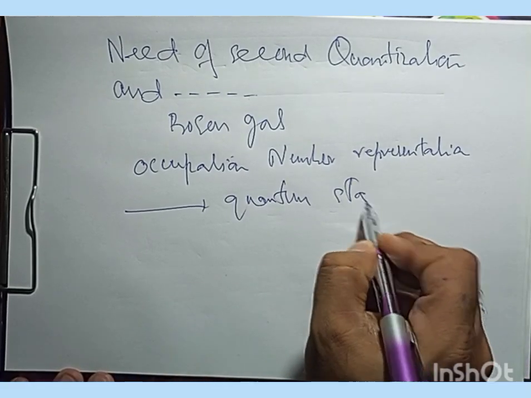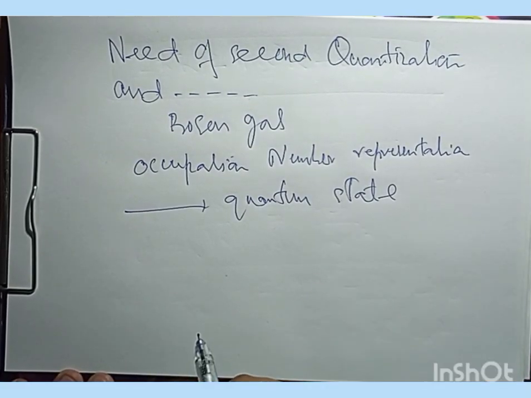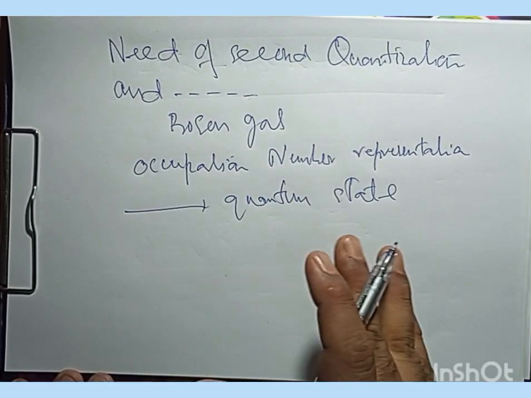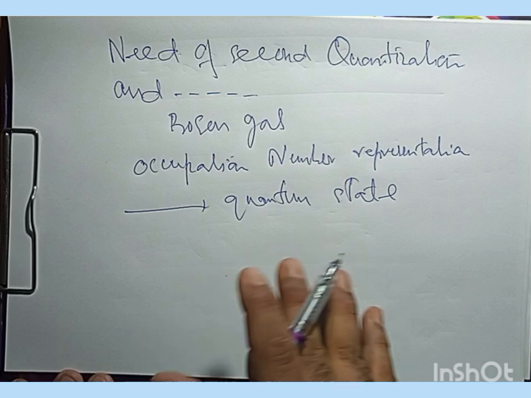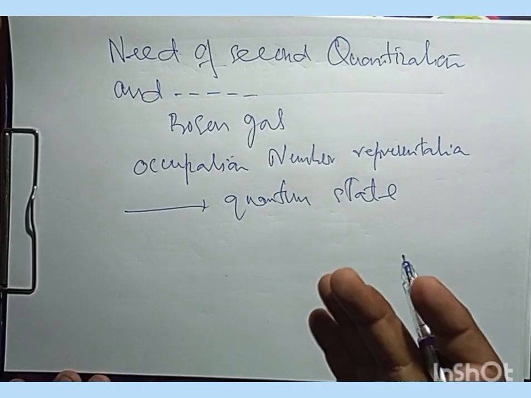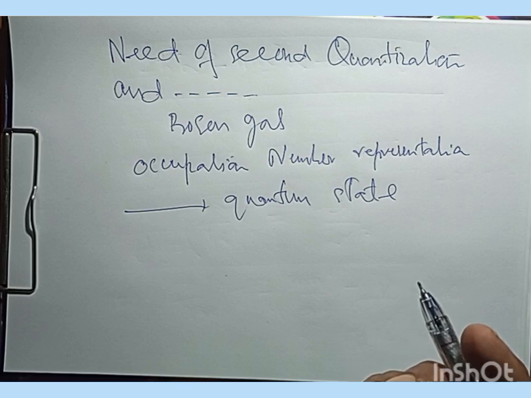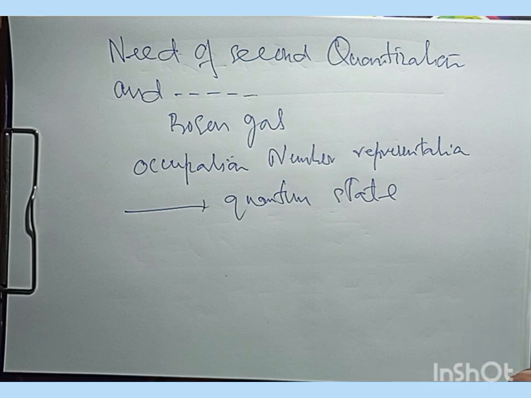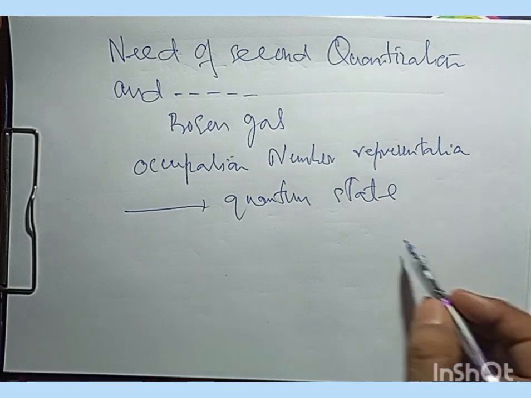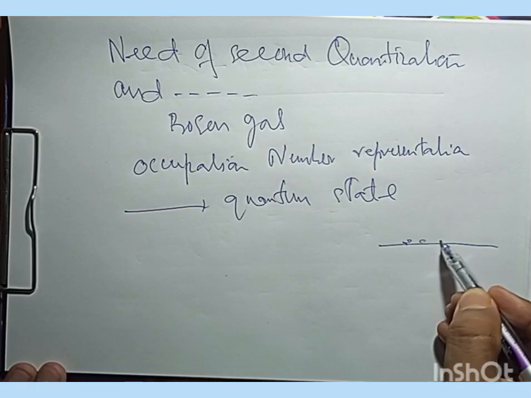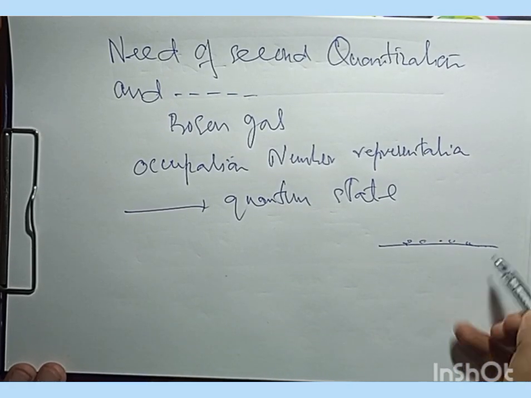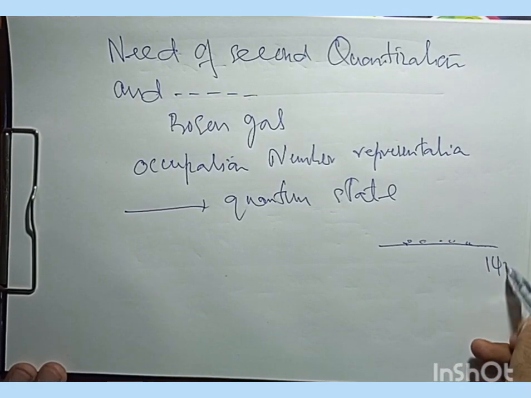So here the quantum state plays a crucial role, and the number of particles this quantum state can have. Now for bosons, the occupation number can be any non-negative integer, since multiple bosons can occupy the same state.